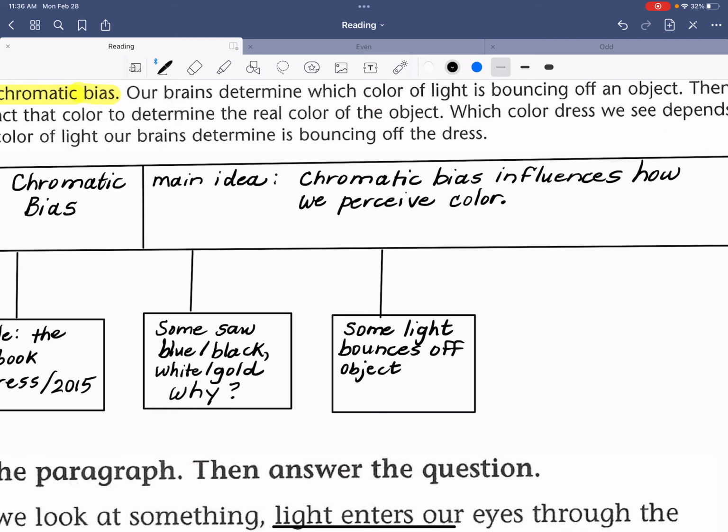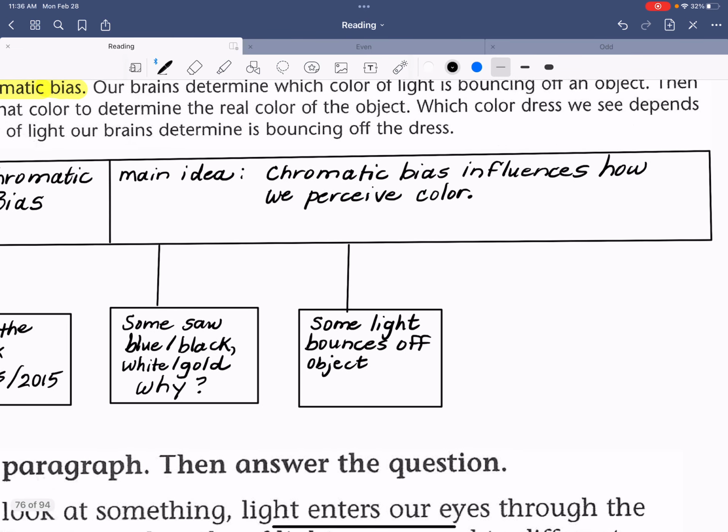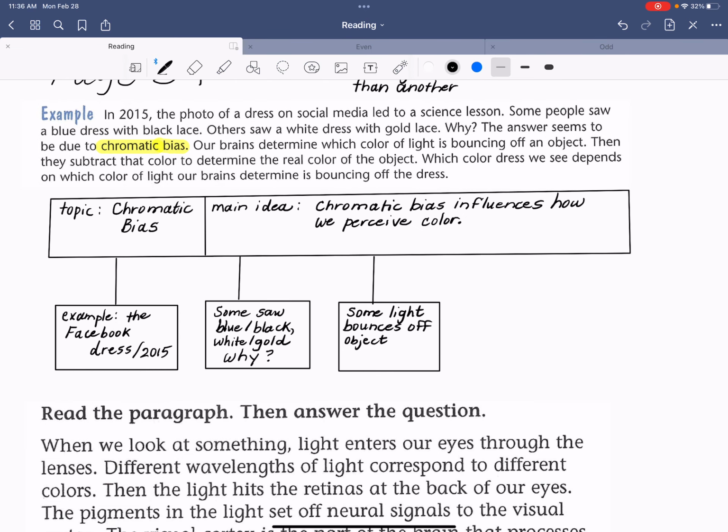So if you look at something and you see, let's not use white, let's say that you see red. That means that red is what your brain is perceiving that color to be.